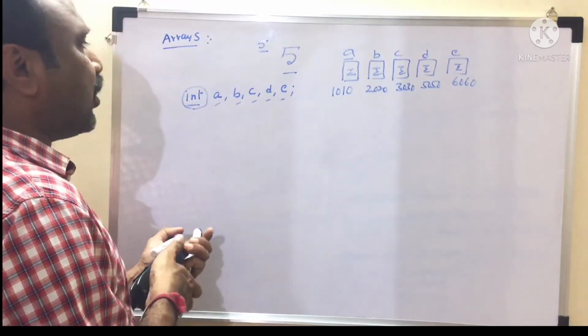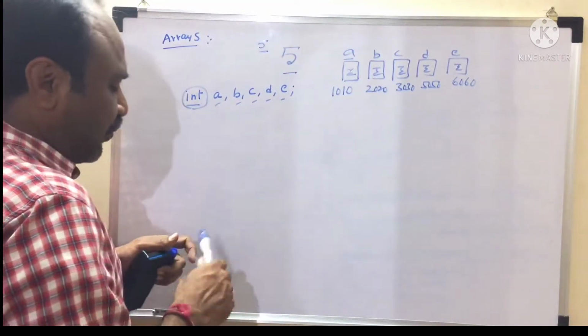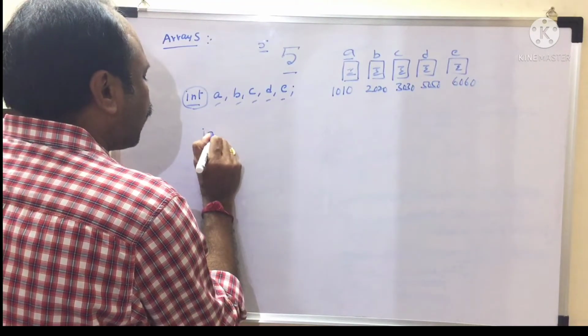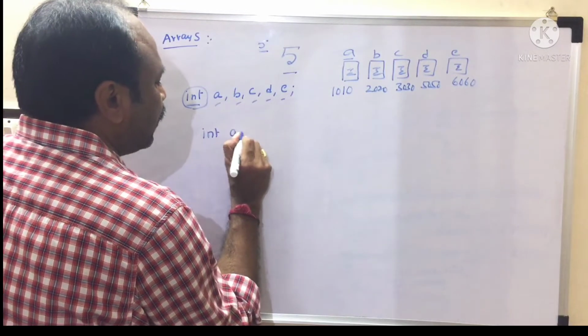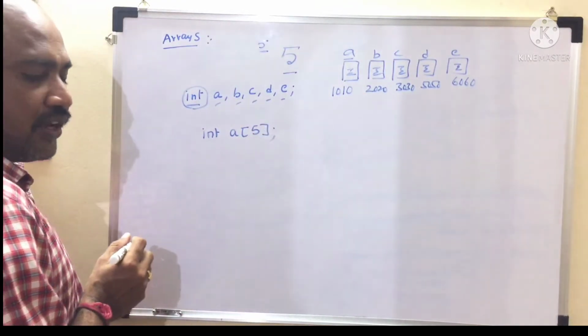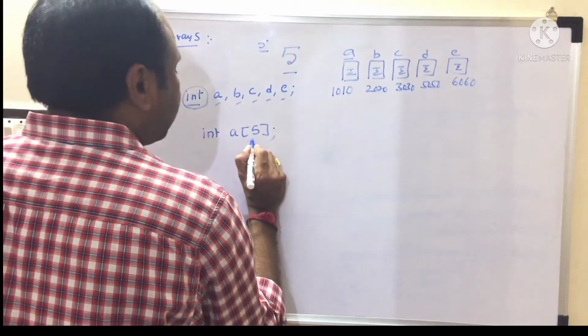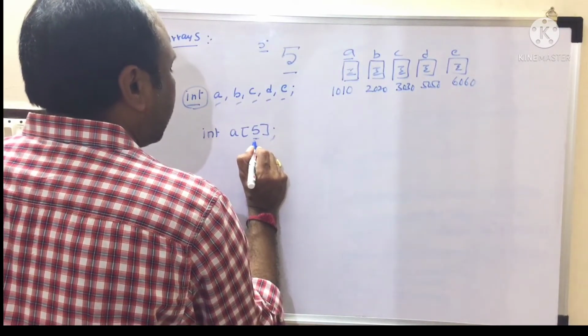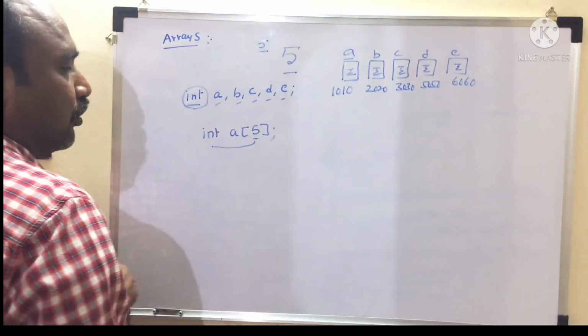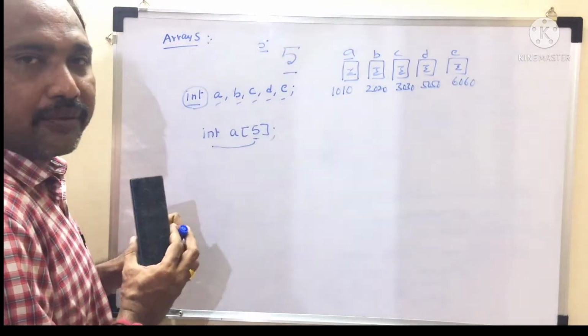Suppose I have to work with arrays and store 5 values: A of 5, this is an array. The meaning of this is that under the array name A, we are going to store 5 values. This is called an array.